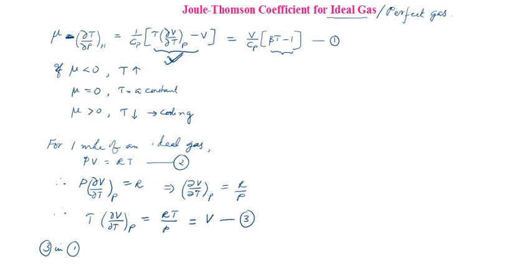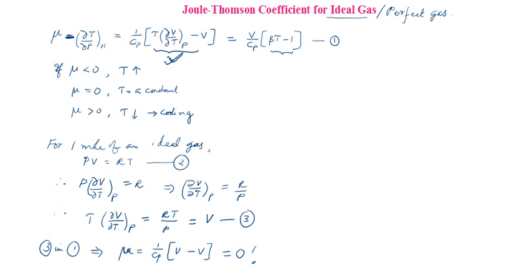So 3 in 1 will give mu equal to 1/Cp into the first term, which we have proved is V, so V minus V becomes 0. And that is a very notable result for us.